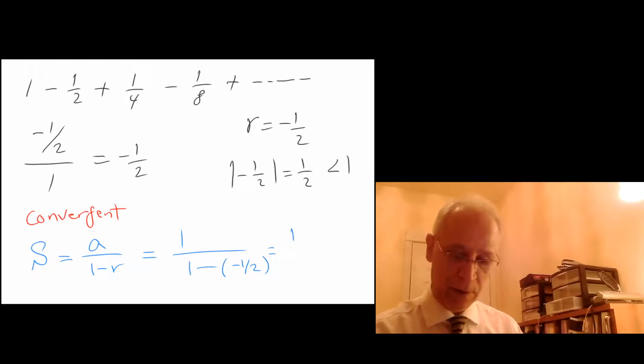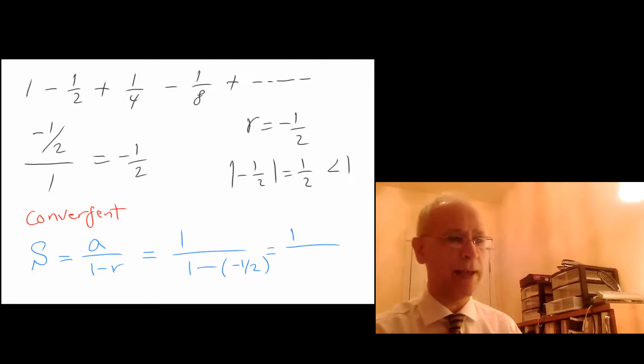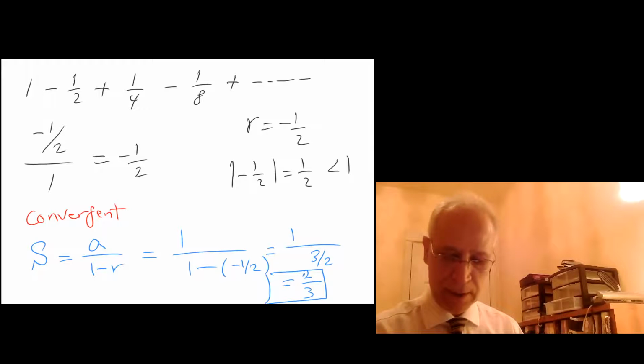That equals 1 over, negative times negative is positive, so 1 plus 1/2, that gives me 3/2. And that equals 2 over 3. So this equals 2/3.